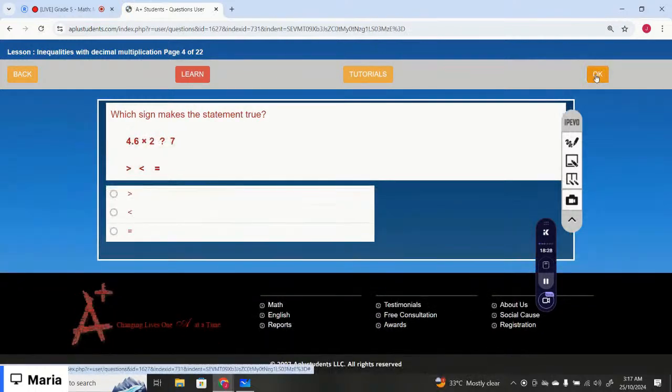The next one is 4.6 times 2. You have to compare it to 7. So, which is the correct option?